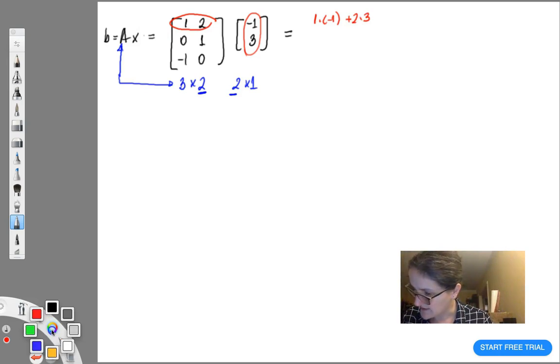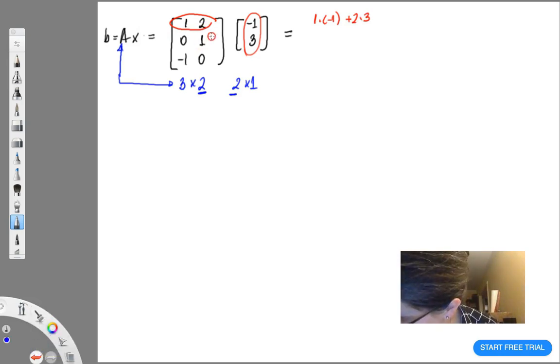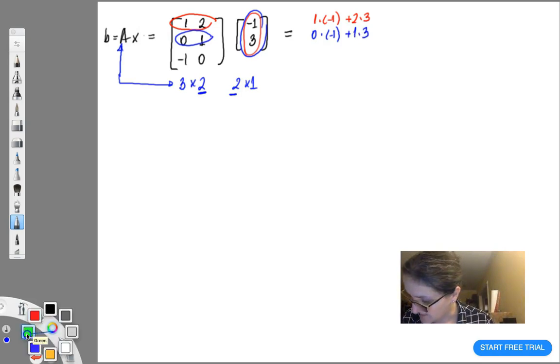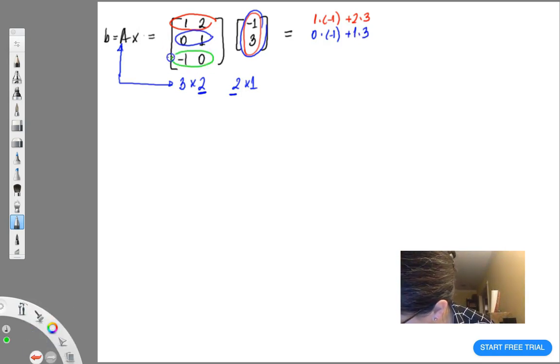Then my second element is going to be the second row, again times the column here, so it's going to be 0 times -1 plus 1 times 3. And finally the third one will be this row here, dot product with the same column. It's going to be -1 times -1 plus 0 times 3.